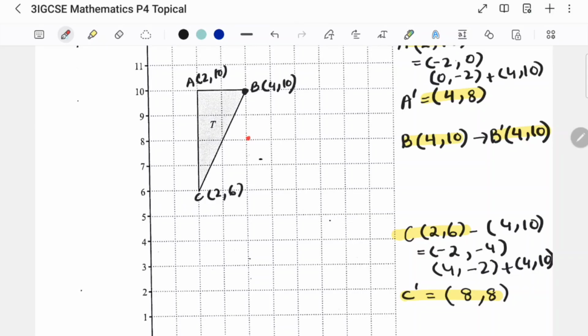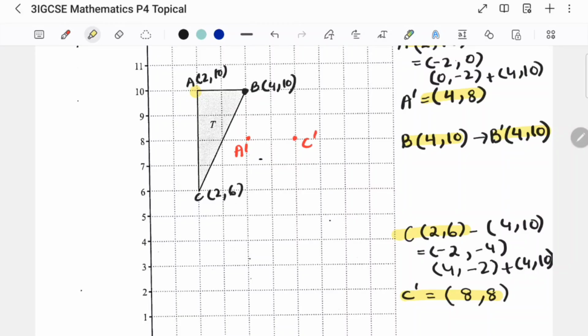So you can see I've plotted (4, 8). Your A is coming to the center, and it is anti-clockwise about the center (4, 10). You can check. Okay, so the next point, this is your A prime. The next point (4, 10) is the same, and C prime is (8, 8). Okay, so (8, 8) is this much.